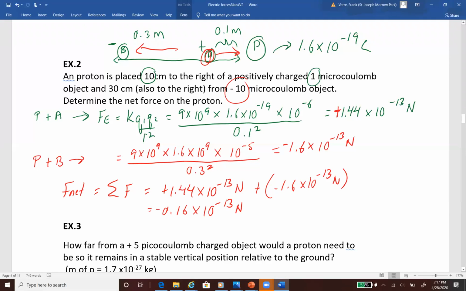Negative, which means that it's being pulled to the left. Okay. Or 1.6 times 10 to the negative 14 newtons to the left. Okay. Any questions about Coulomb's law and electric force so far?